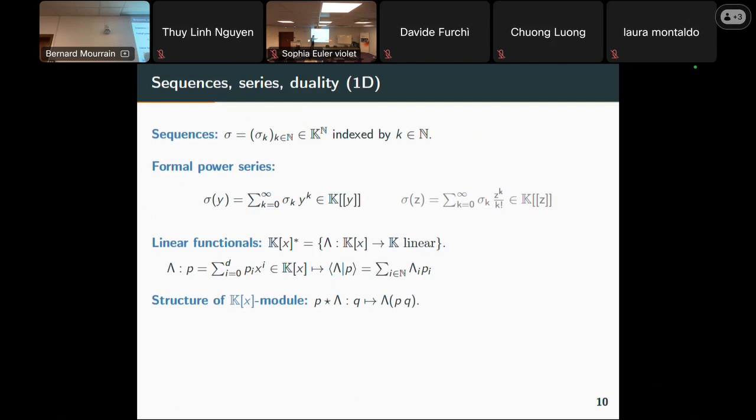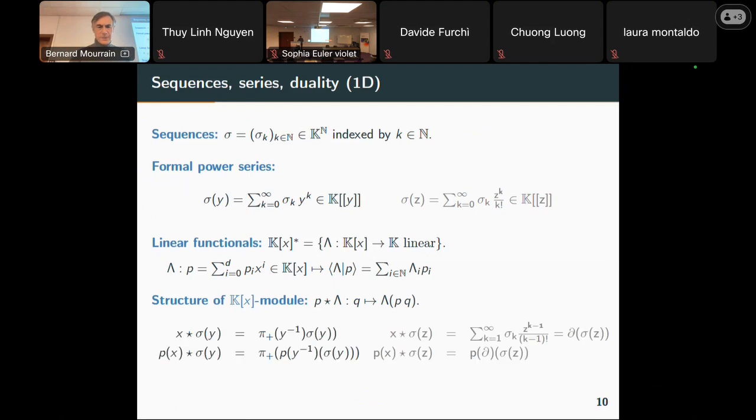This is like the transpose of multiplication by P, composing with the multiplication first and applying the linear functional. Now, in this different representation, what is the effect of the multiplication by x?